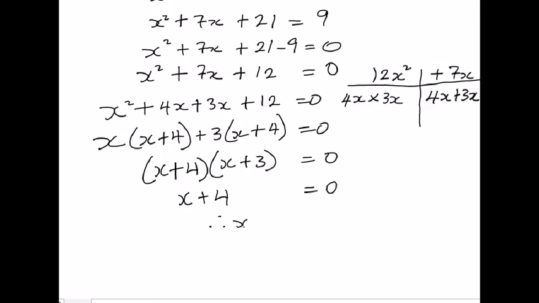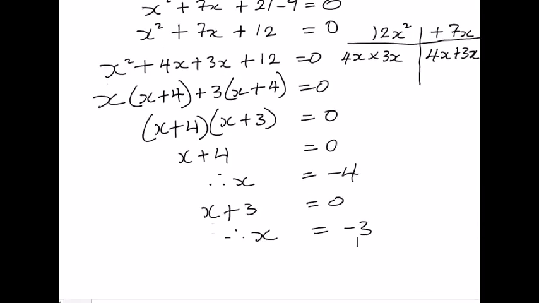Therefore, x will be equals minus 4. The second bracket, we have x plus 3 equals 0. Therefore, x will be equals minus 3. That's the second bracket. Therefore, x will be equals minus 4 or minus 3. And that's the answer.